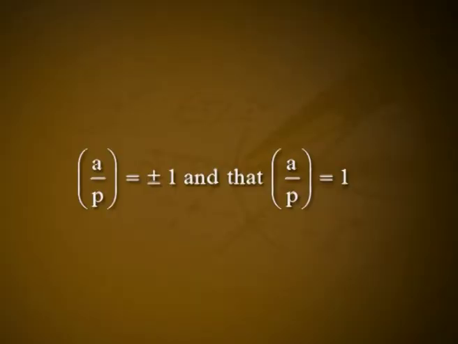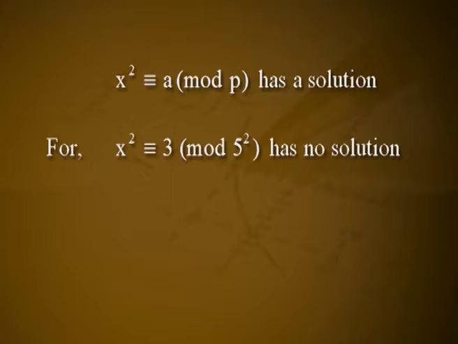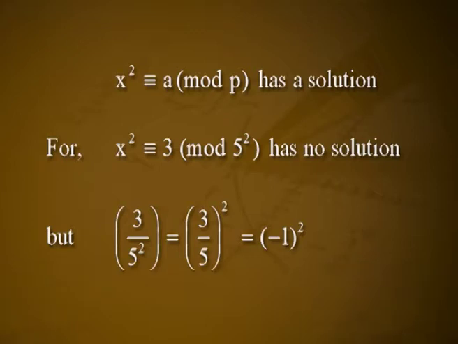Clearly, the Jacobi symbol (a/p) is equal to ±1, and (a/p) = 1 does not necessarily mean that the quadratic congruence x² ≡ a (mod p) has a solution. For example, x² ≡ 3 (mod 5²) has no solution, but the Jacobi symbol (3/5²) is equal to the Legendre symbol (3/5) squared, which is equal to (−1)².